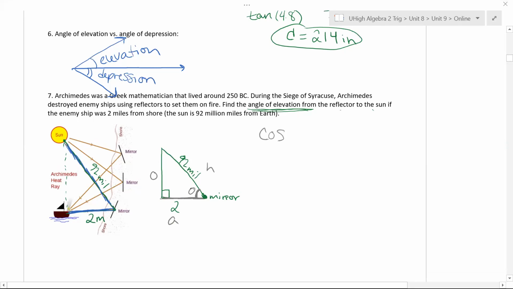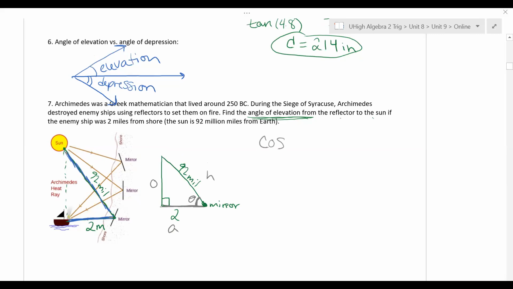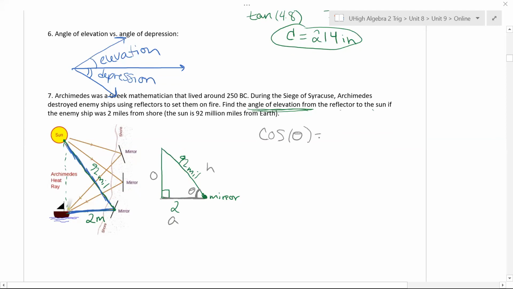So if I'm looking for an angle that I'm going to call theta, I'm saying that the cosine of theta equals adjacent over hypotenuse. Okay, so if you guys remember from Monday, when we were trying to find an angle, I can't just say, okay, the cosine of something equals this.